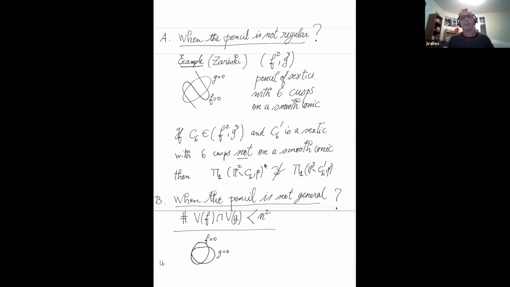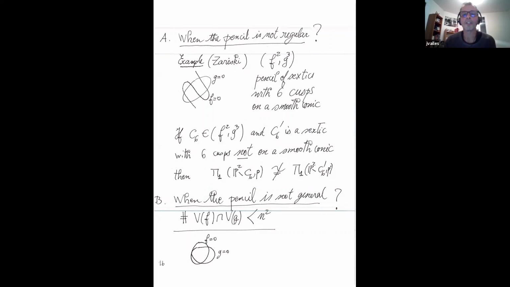Okay, so now if we want to generalize this theorem, we can consider 2 different situations. The first situation is when the pencil is not regular, meaning that the general curve in the pencil is singular.